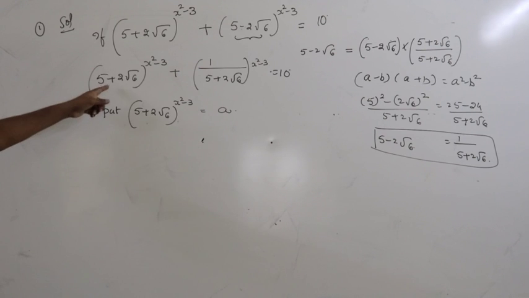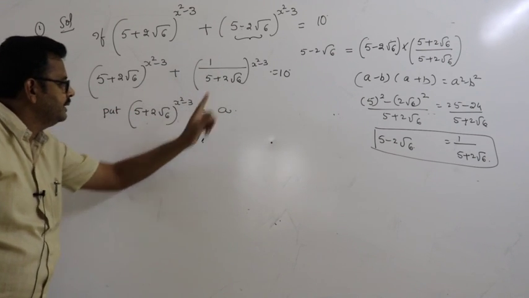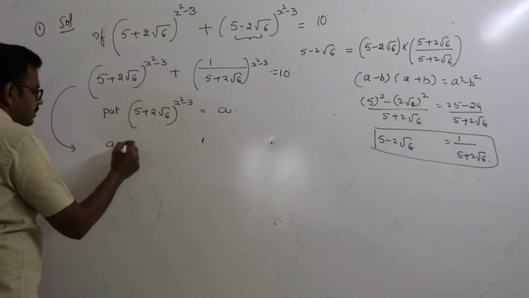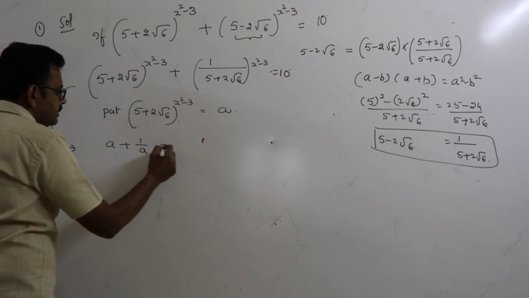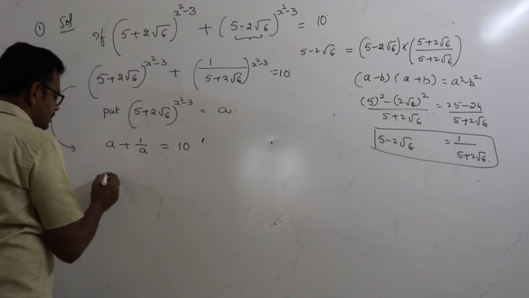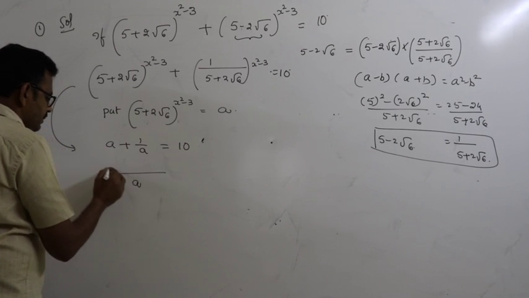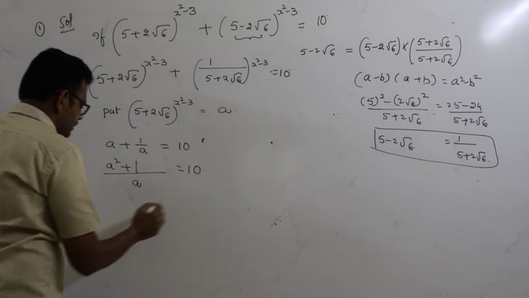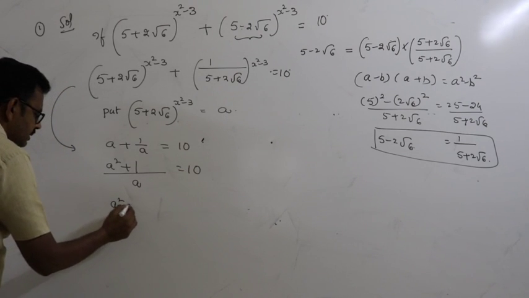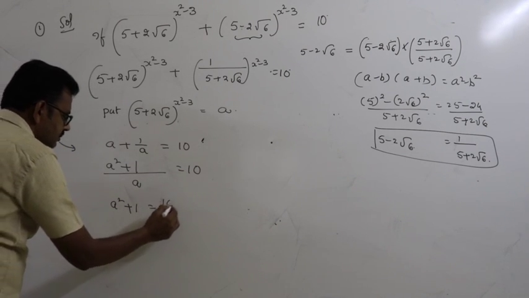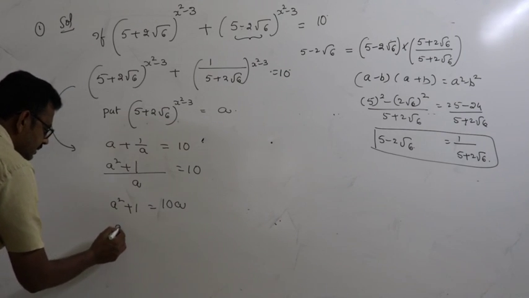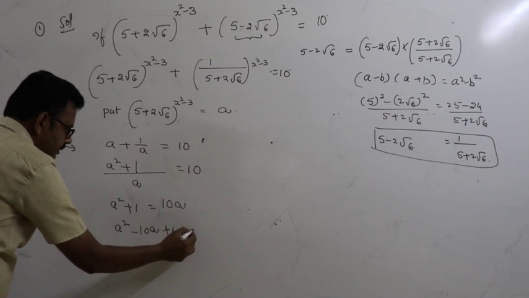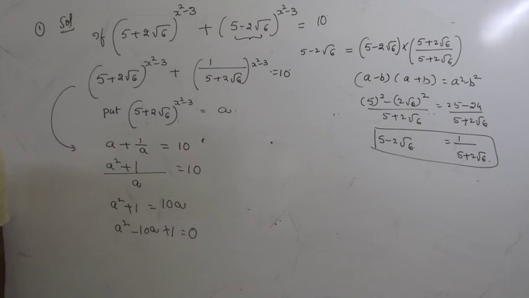Then the other term becomes 1 by a. Now this changes to a plus 1 by a is equal to 10. Taking the LCM, a square plus 1 is equal to 10a. So a square minus 10a plus 1 is equal to 0.